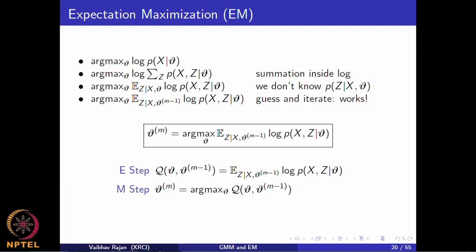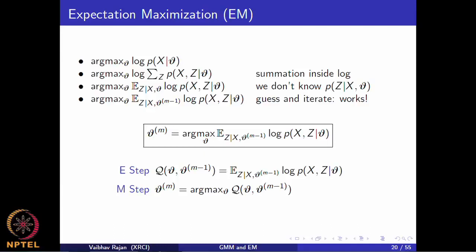So we take the guess that we had in the previous round. We compute the expectation of the complete data likelihood under the distribution of z given the current guess of the parameters, and this works. We will see why it works.